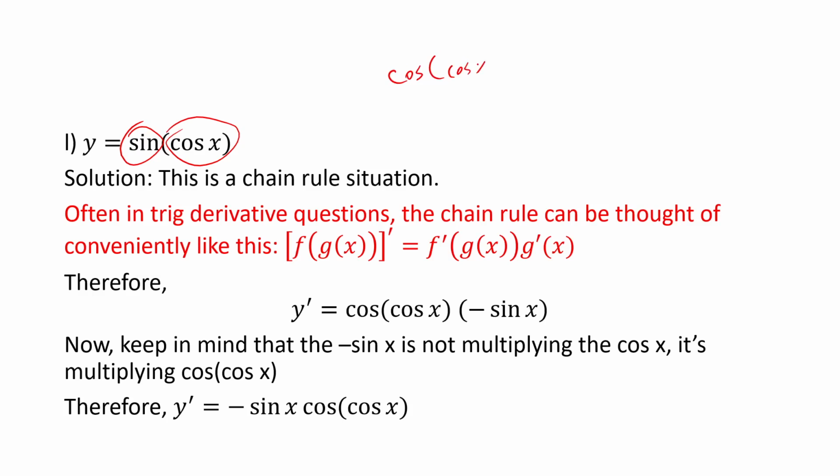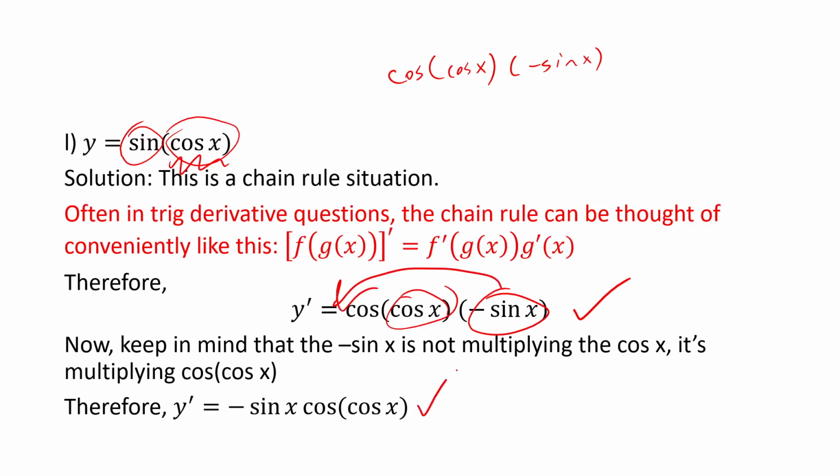They'll leave the inside the same, and then they'll multiply by the derivative of the inner, that being negative sine x. And that line is the same as here. And then just to clarify that we're not multiplying negative sine x times cos x, but rather we're multiplying negative sine x by the whole thing. To simplify it, we'll generally put that negative sine x in front.